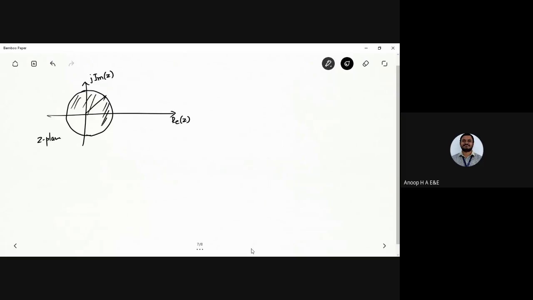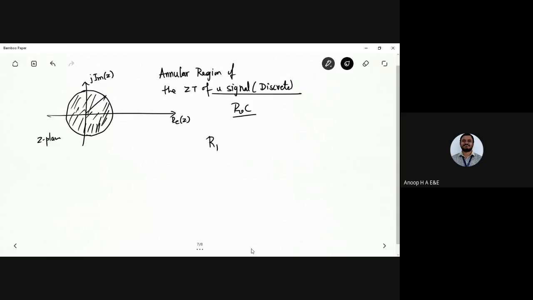I can just write it like this. It would be for a left-handed sequence that I am writing now. So the annular region of the Z transform of a discrete signal is generally called an ROC.